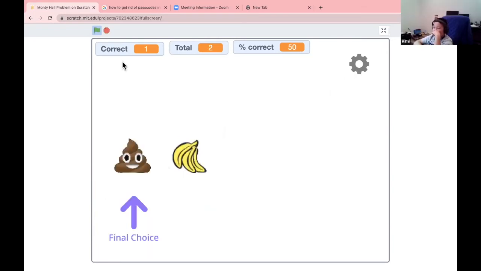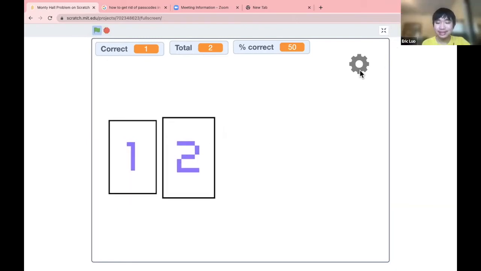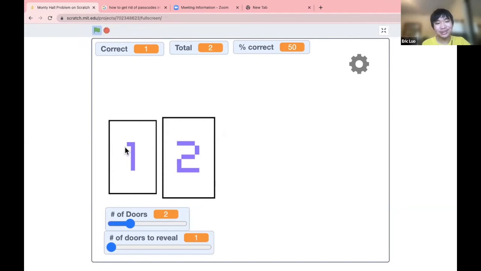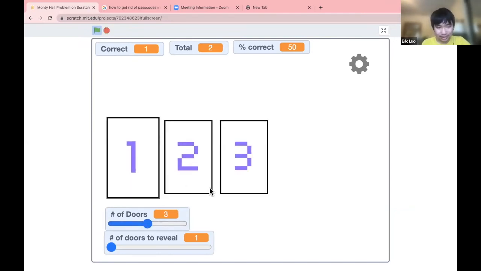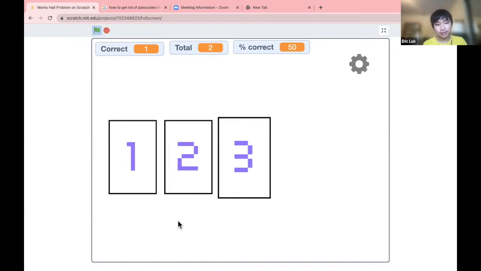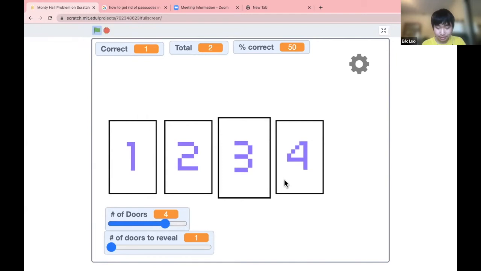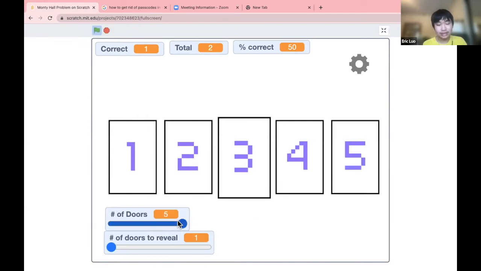Yeah, it is just 1/2. Also, my program breaks if it's 2 doors, if you try to reveal a door. But as we remembered, for 3 doors, it was a 2/3 chance of getting the banana if you switched. For 4 doors, it was a 3/4 chance. And for 5 doors, it was a 4/5 chance.